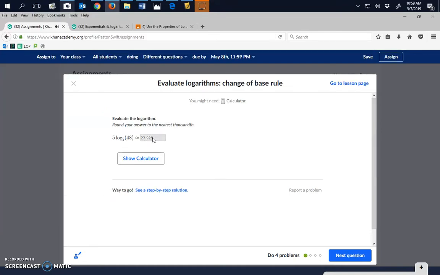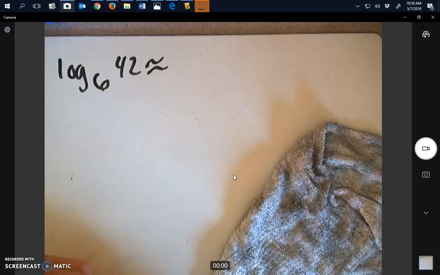All right, next question. We have log of 42 with base 6 is approximately equal to what? Well, this is actually a little bit easier. We don't have anything out in front to move, so we just have to do change of base.